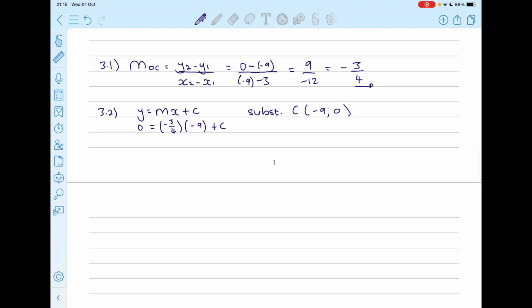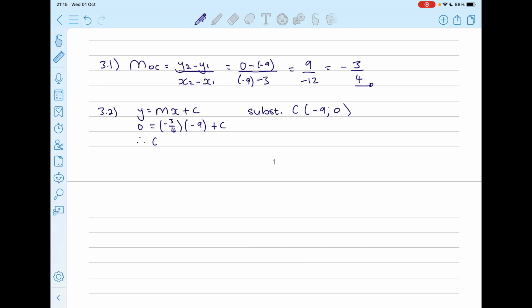And we find that everything goes to 0, and we get a c value of -27 over 4. And we can convert this to a mixed fraction, which gives us -6 and 3/4 as our value for c.